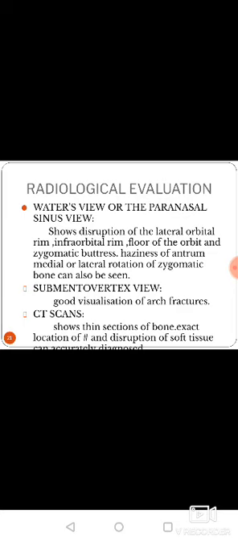If it is a displaced fracture, based upon the clinical features, if there is a trismus or diplopia, we plan our treatment accordingly, right? Before planning your treatment, we have to have our investigations ready, which I'll be discussing in the next class, about the different types of radiological investigations and the methods of treating zygomatic bone fractures. Okay, so I think we'll discuss in the next class.